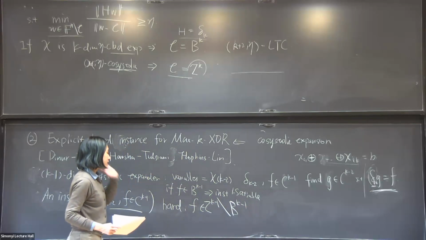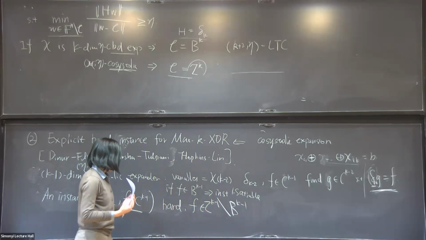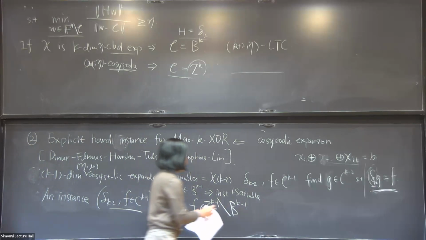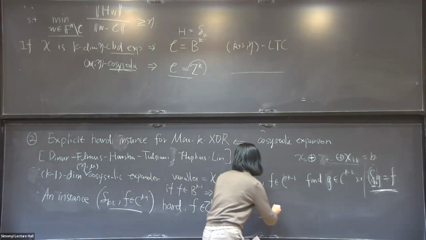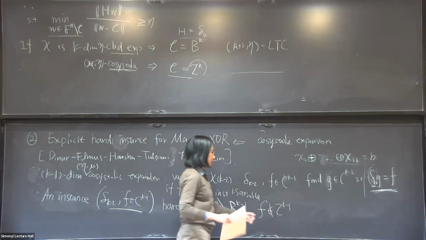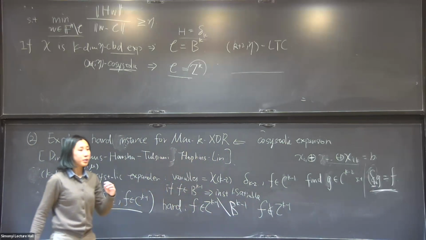So for those in Z k-1 excluding B k-1, why is it hard? Actually, first, for f that's outside Z k-1, it's actually easy. First we know that it's not satisfiable.